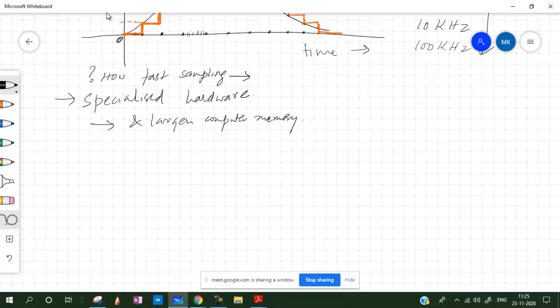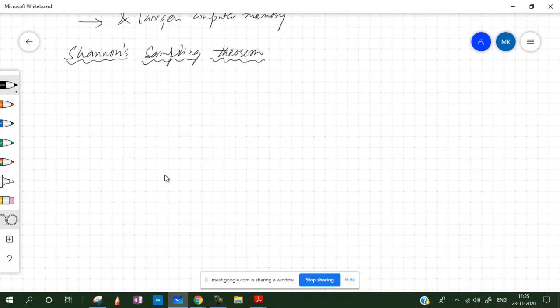But we do have something called Shannon's sampling theorem. I'll just write it here. This theorem tells us, for a given signal, how much the sampling rate should be for analog to digital conversion. So this can help us in striking the right balance.